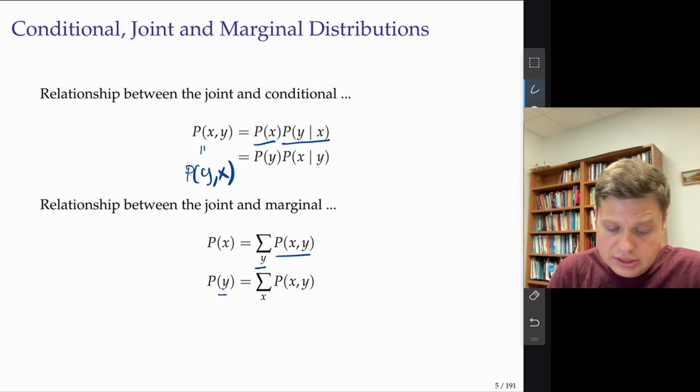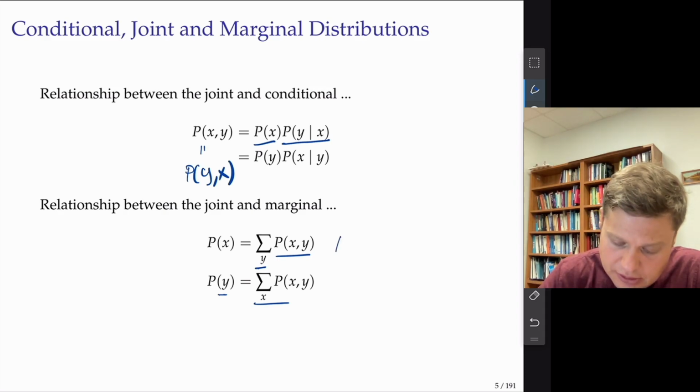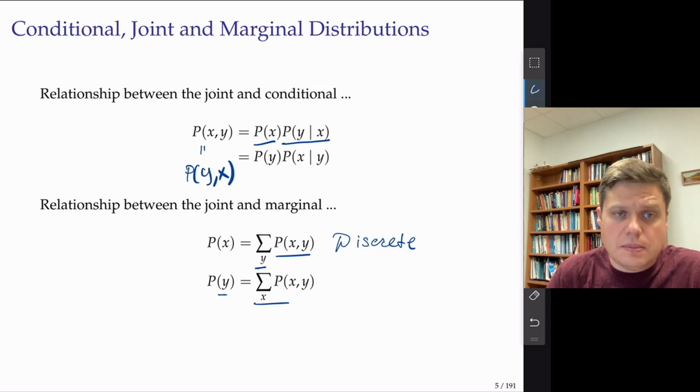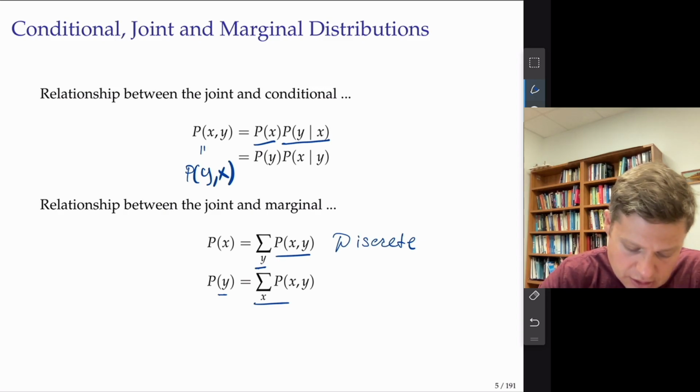And of course, this applies to discrete probabilities, when x and y take a countable number of possible values. And when you want to calculate marginal for a continuous variable, you just replace summation sign with integration sign.